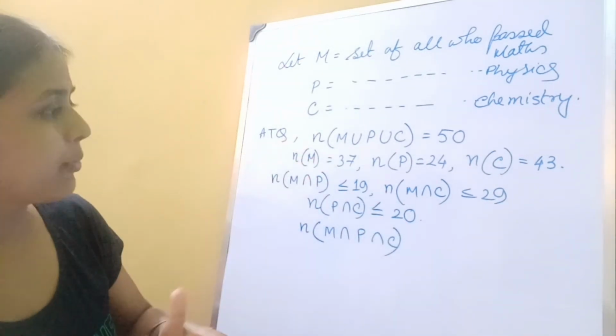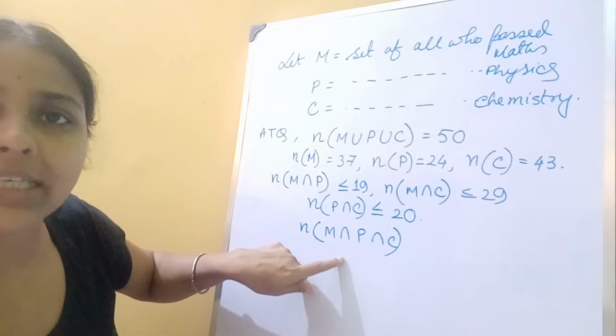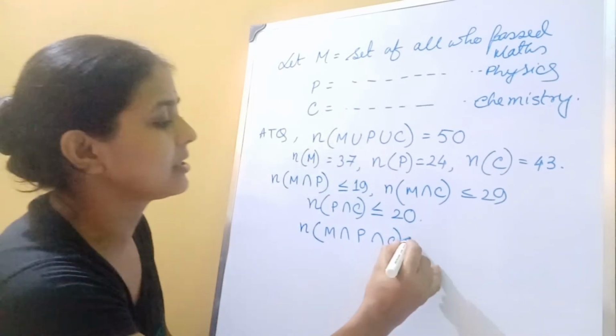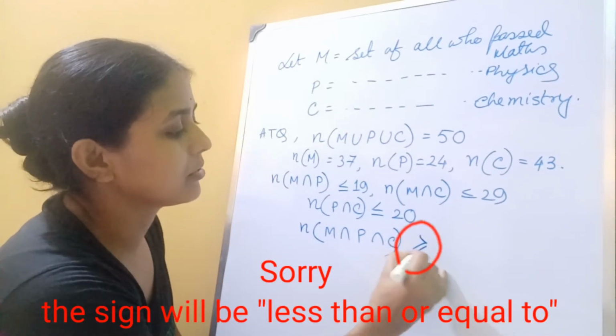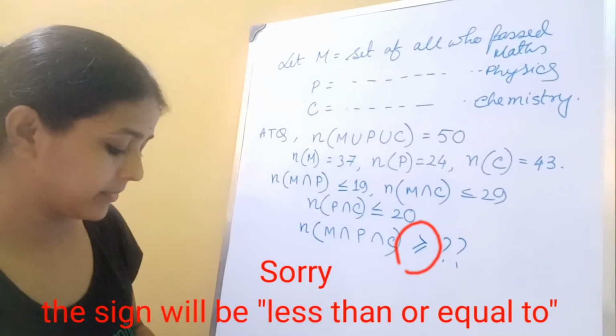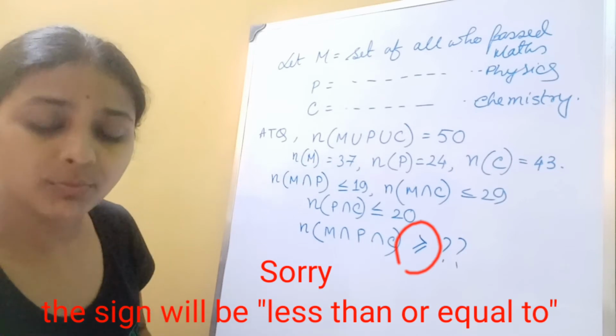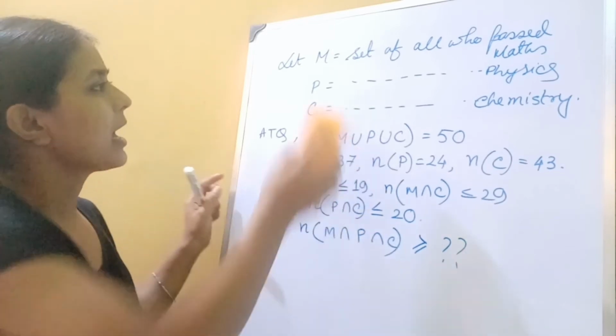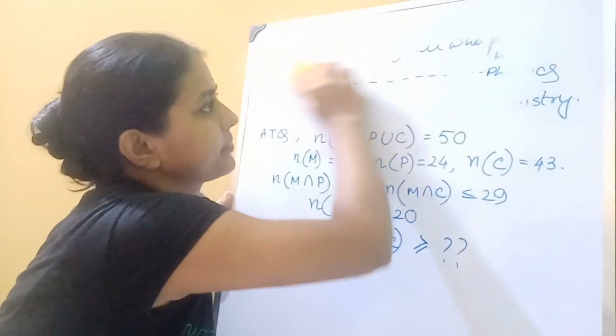In that formula, except this, everything we know, right? Except this we know everything. So we will go to the formula directly. For that I am rubbing this part.